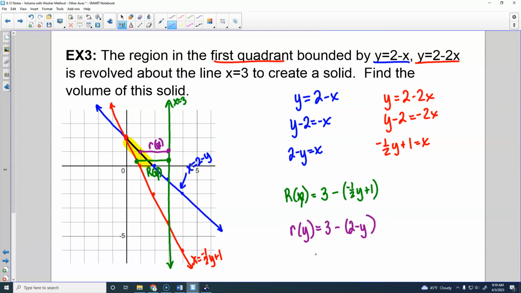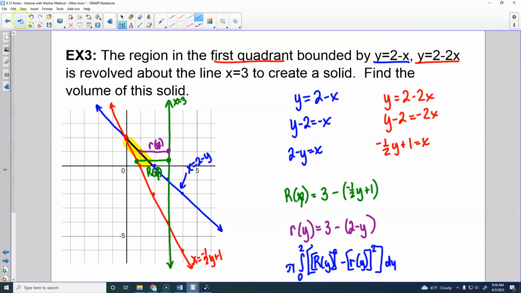And we're out of time. But you would just have pi times the integral from 0 to 2 of capital R of y squared minus lowercase r of y squared dy.